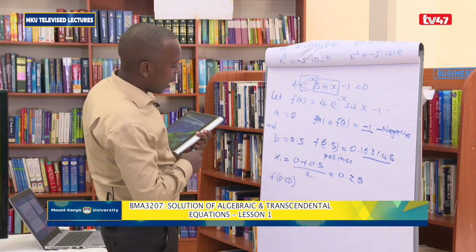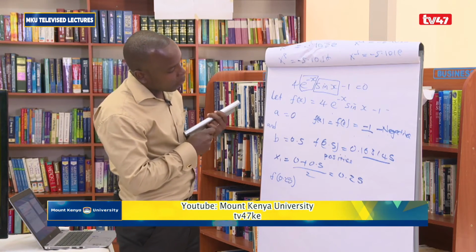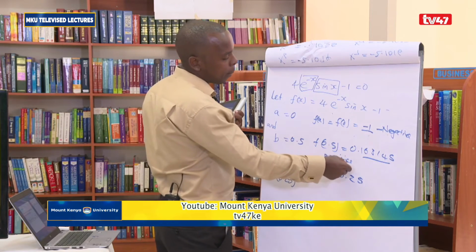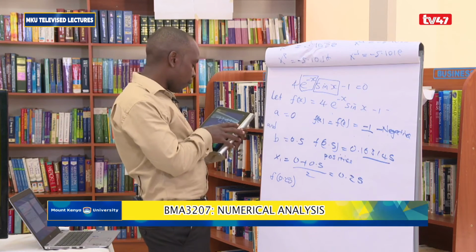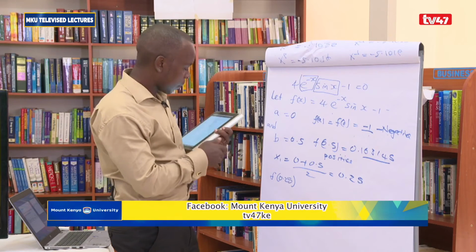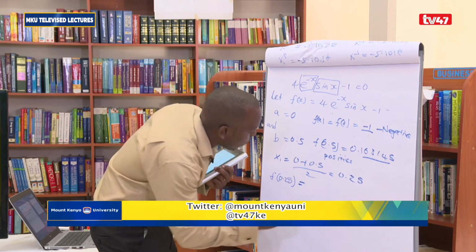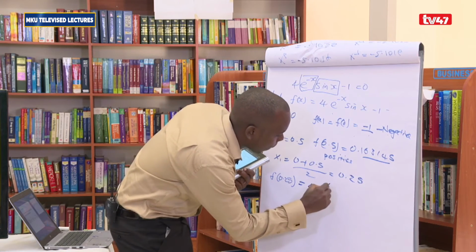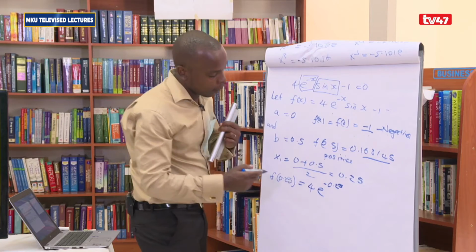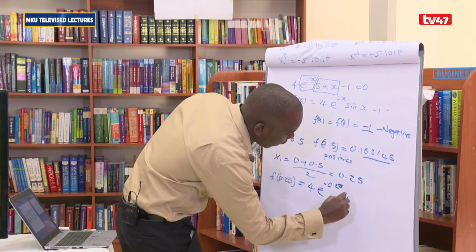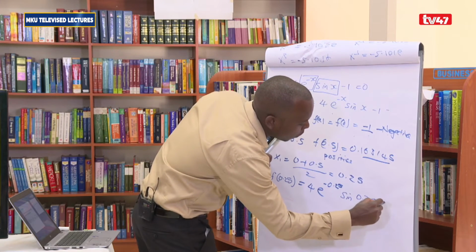So we find f of 0.25 and check whether the resulting value is positive or negative so that we can tell where the root lies. So f of 0.25 is given by 4 minus, no, we have a sine 0.25, and I've said that you should work with radian.